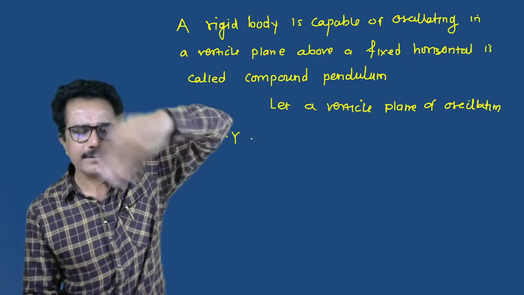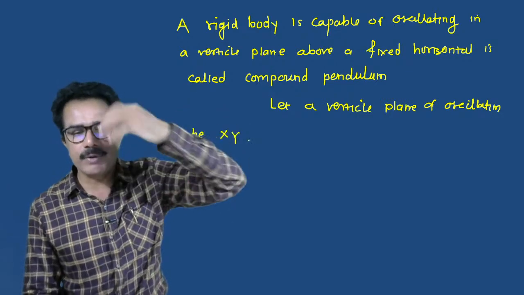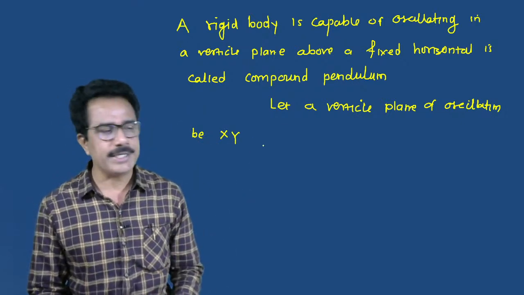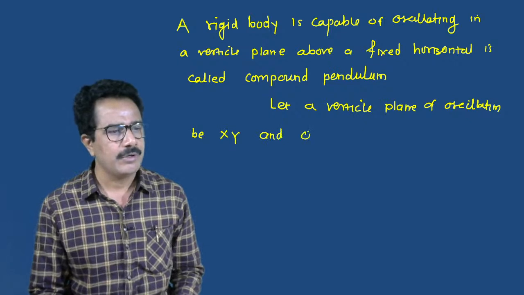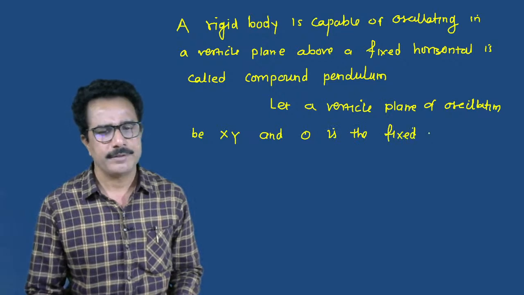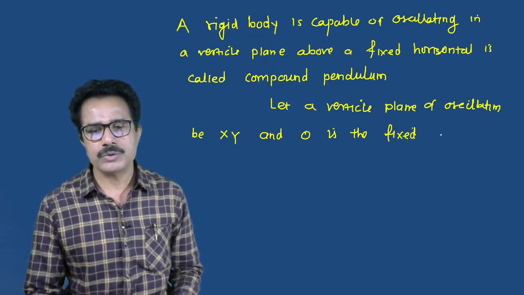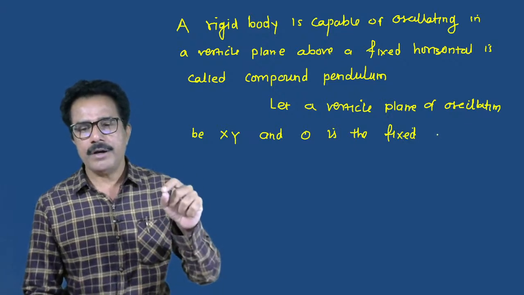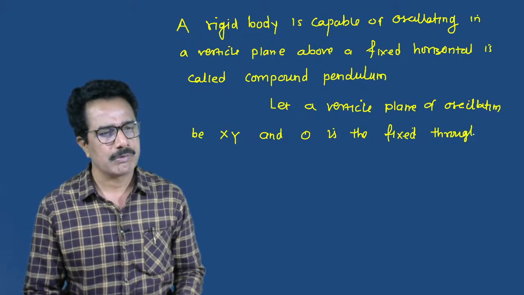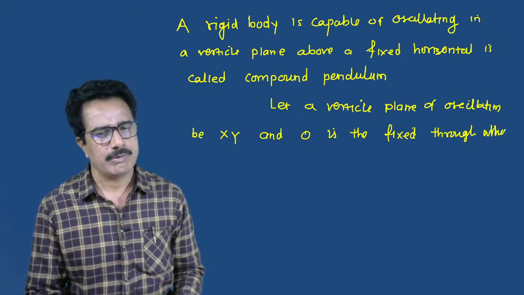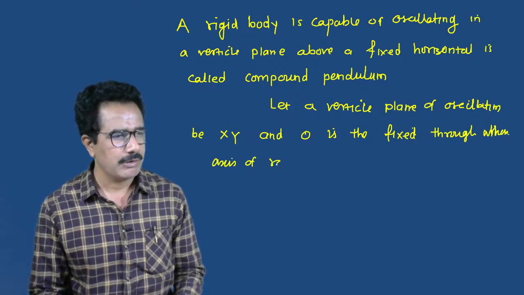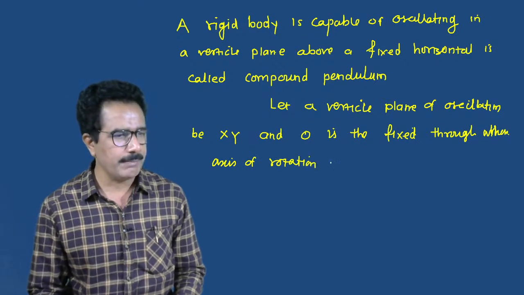In that XY plane, we consider the rigid body oscillating, and O is the fixed point through which the axis of rotation passes.